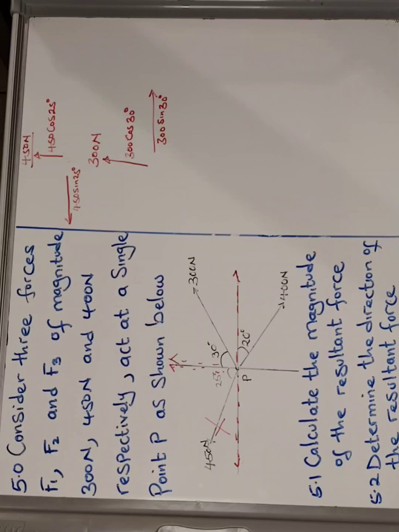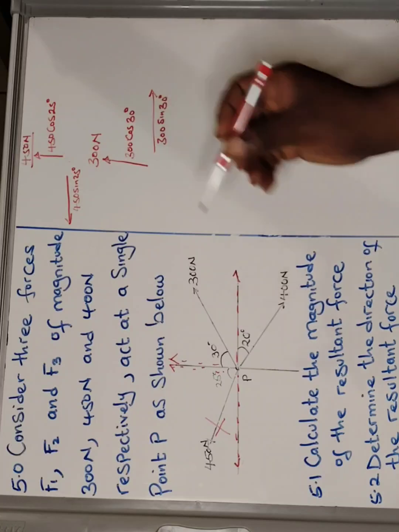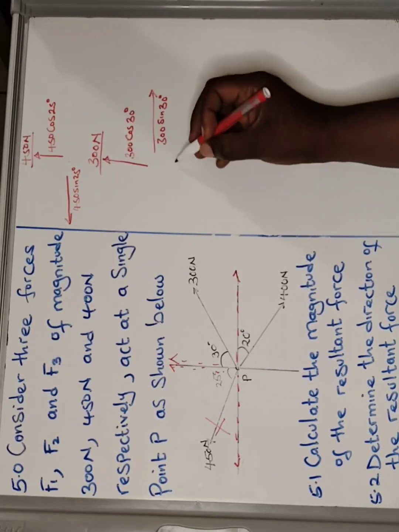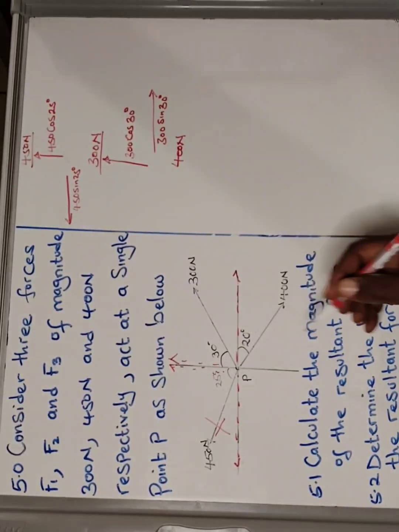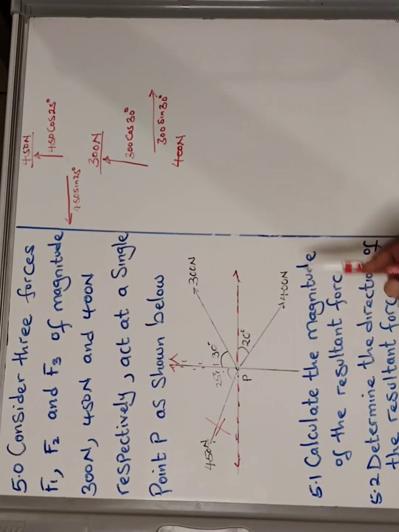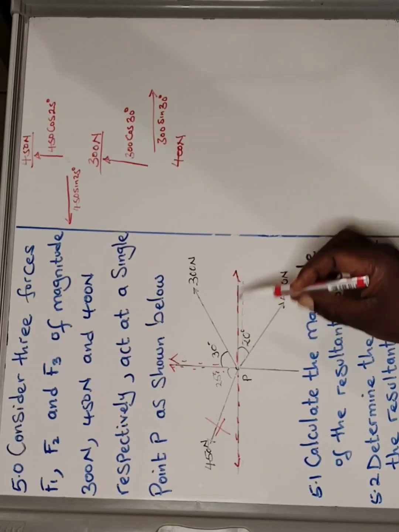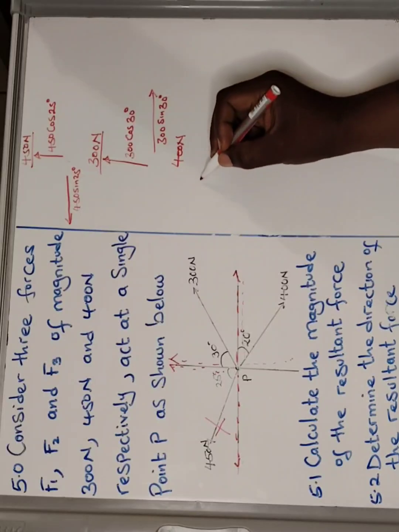Okay, what else do we do? We go to the next one, which is 400 newtons. It's acting here. So what does it have? It has a component here and a component here. Let's start with this one.